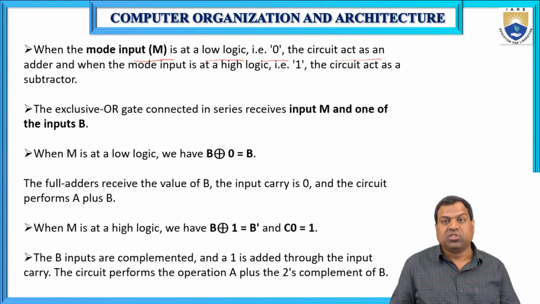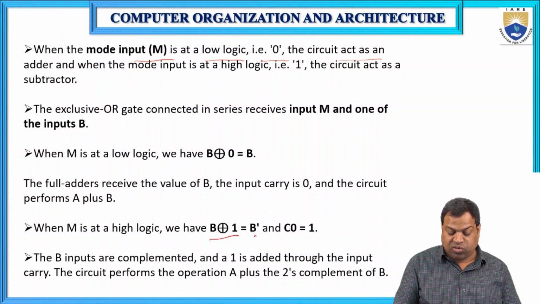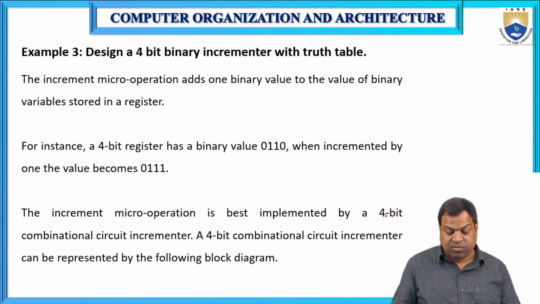When the mode input is high, the circuit acts as a subtractor. Here we are using an exclusive OR gate for the subtraction, with input M and one of the inputs being B. When M is at low logic, B XOR 0 equals B, and B XOR 1 equals B bar, and C0 equal to 1 I am taking here.